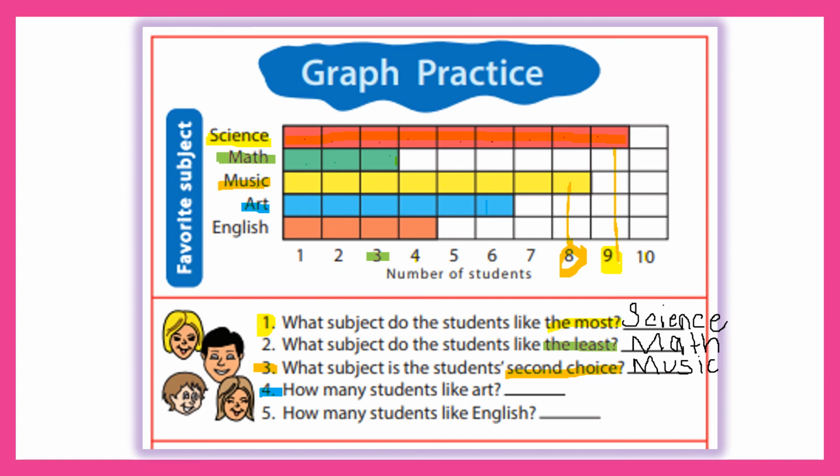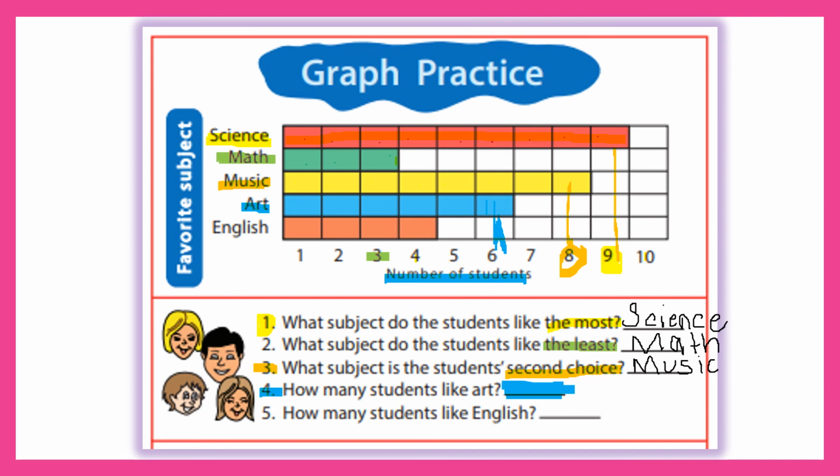Come down. How many boxes did you count? Look at the number of students down on the bottom. How far does that box go down to? How many students like art? Look down there. Write your answer on the line at the bottom, just after the question.